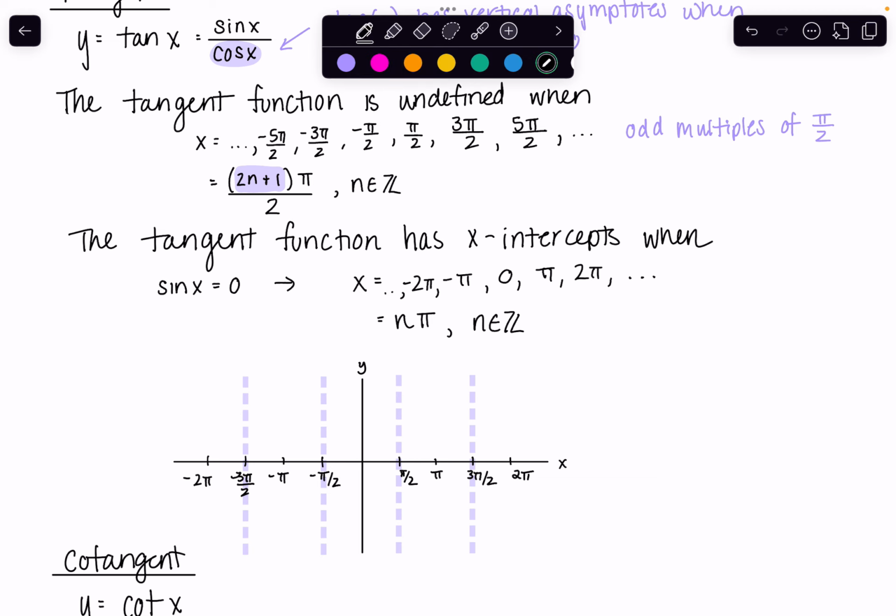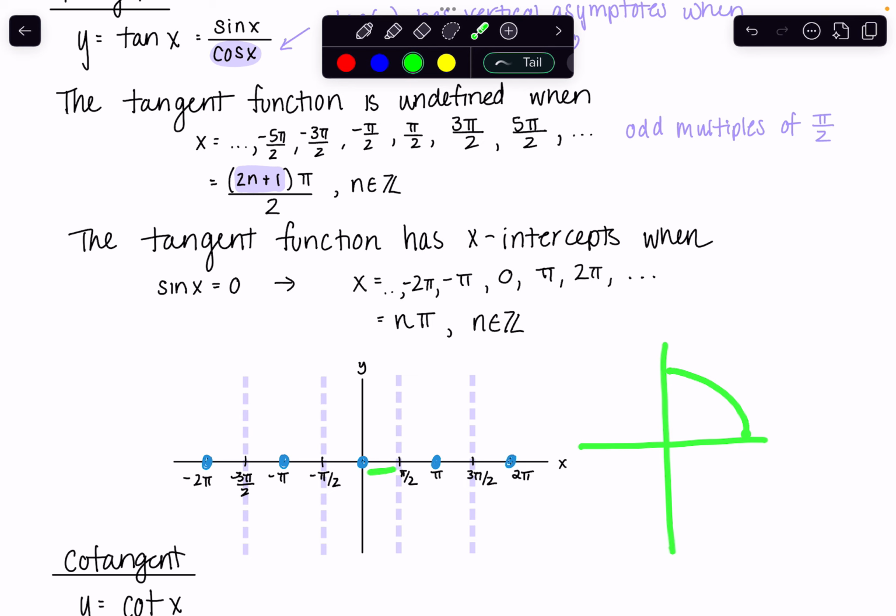Then if we consider our intercepts, those occur at 0, pi, 2 pi, negative pi, negative 2 pi, and so on. If you think about your unit circle, we'll start here in quadrant 1. Remember, it's sine divided by cosine.